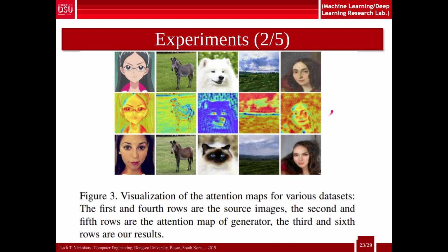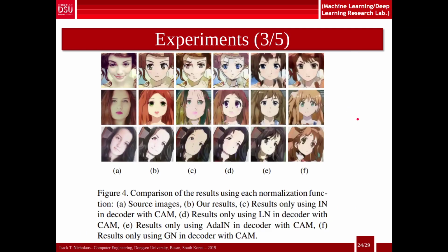Here we can see how important attention feature maps are in finding the very important features and knowing the rest. For example, we can see the color and texture and everything that makes up the animal, or the face of a human, or the landscape, and so on. So this is how well the attention works.